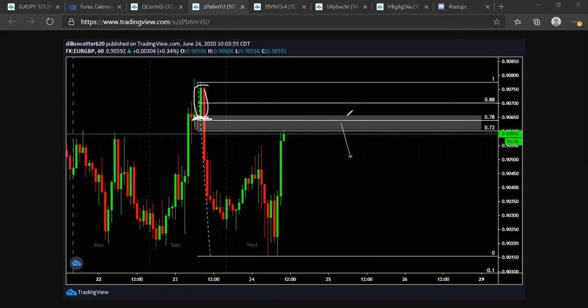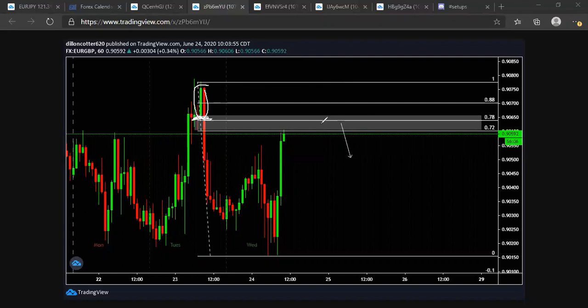I want to make one thing clear: we don't use the Fibonacci as an entry tool, because your point of interest is going to be any other catalyst in price action.